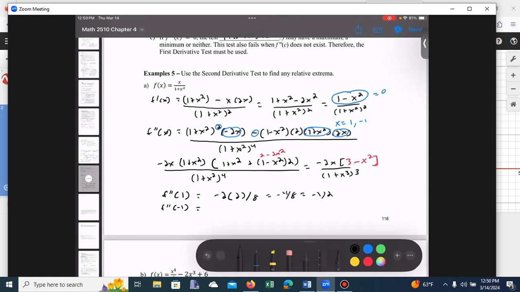With negative 1, we'll get a 2 times 2. When we plug in negative 1 there, that should be squared, not a cube. We'll get 2 cubed, which is 8. So we'll get positive 4 eighths. So we'll get 1/2.